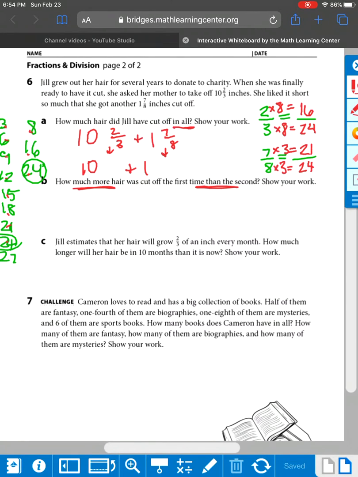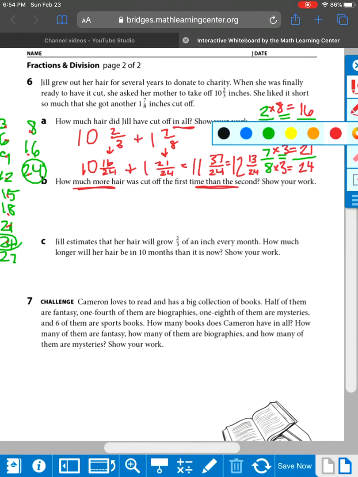So now I've got 10 and 16 24ths plus 1 and 21 24ths. So I can add that together and I would get 11, and let's see, 21 plus 16 is 37 24ths, and I know that I can get one little group of 24 out of that, so I can say it's 12 and 13 24ths left over, and that would be my answer there.